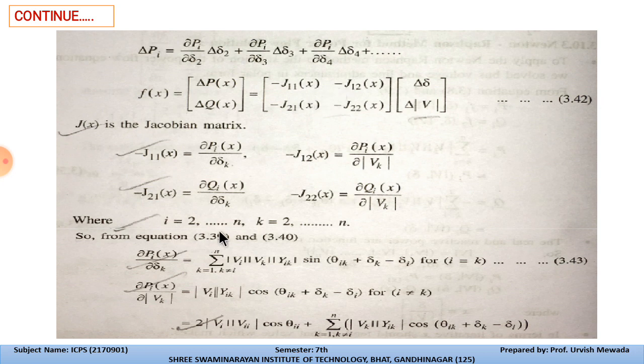Now where i is equal to 2 to n, meaning this is the number of buses, and k is the link that we are going to use for the interconnected power system. So k is 2 to n.